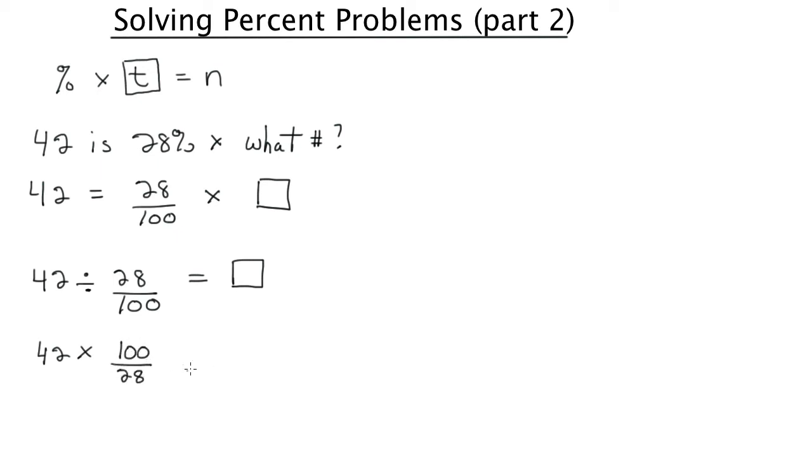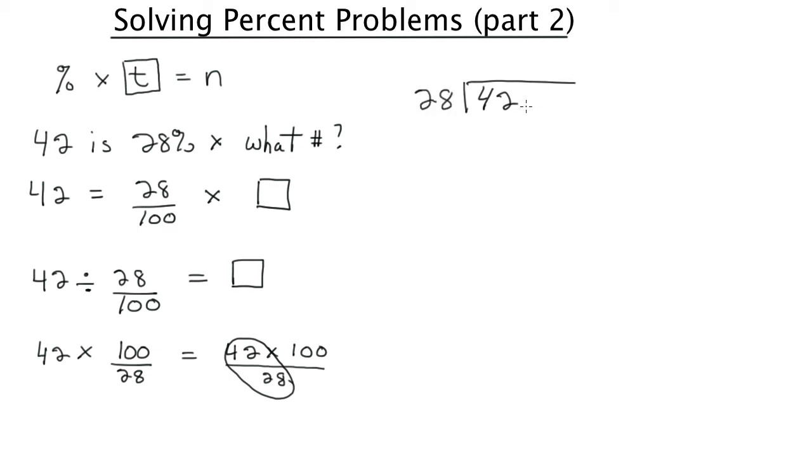and that gives me 42 times 100 over 28. I'm going to do this here first, 42 divided by 28, and then multiply by 100. 42 divided by 28 looks like this.